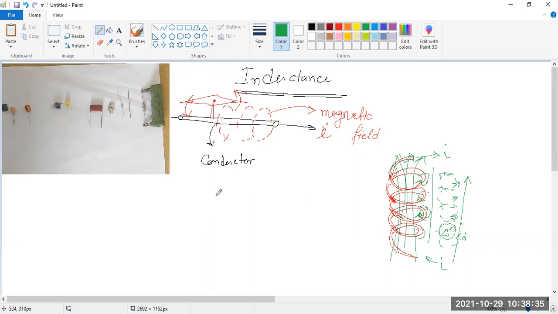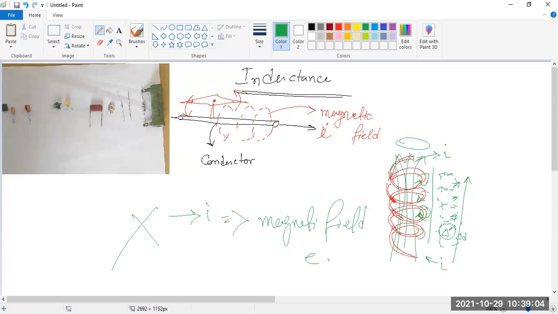So if we coil a current carrying conductor, then within this coil a magnetic field is created. This is called flux line. The flux density will be measured. Whenever I put some current, it is producing a magnetic field, so it is also energy.